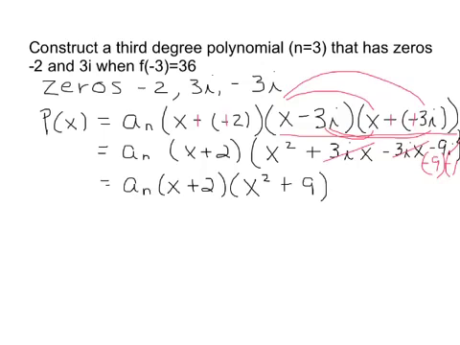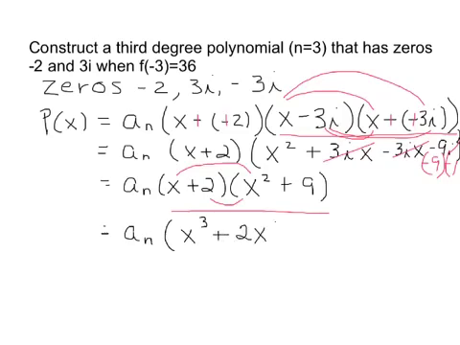So now what we're going to do is multiply the remaining 2 binomials. So we'll again copy the a sub n, and now we'll multiply this out using FOIL. So the product of the first, x times x squared, will give us an x to the 3rd power, or x cubed. Then I'm actually going to do the inside next so that my terms are in descending order. So the 2 and the x squared will get us plus 2x squared.